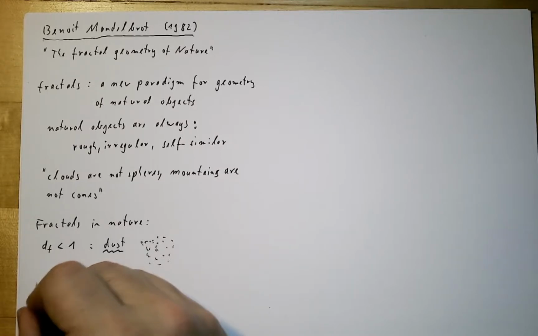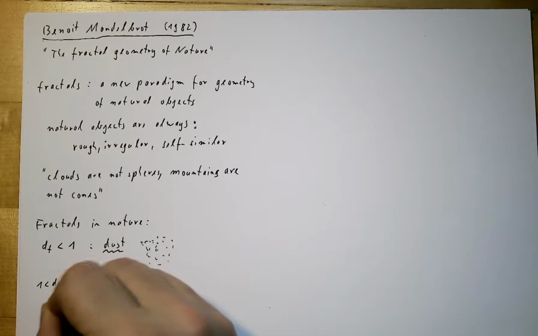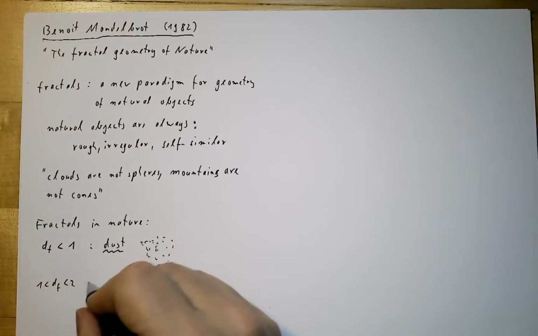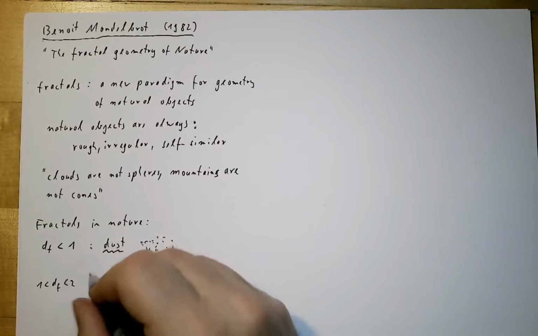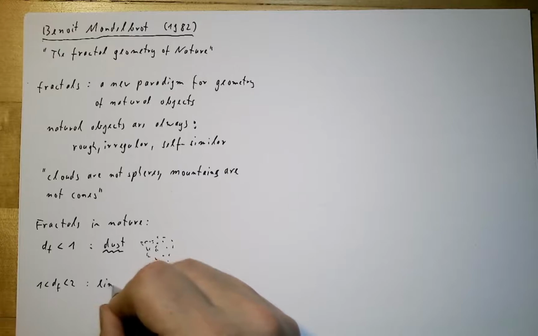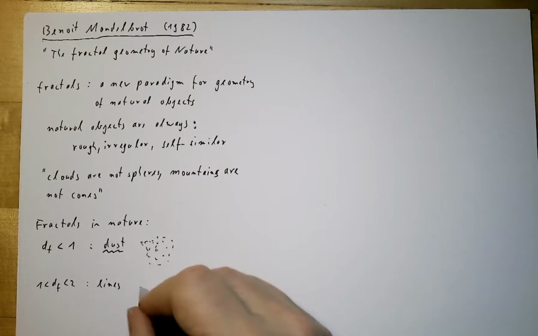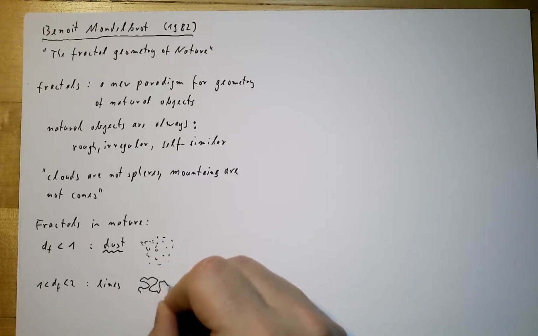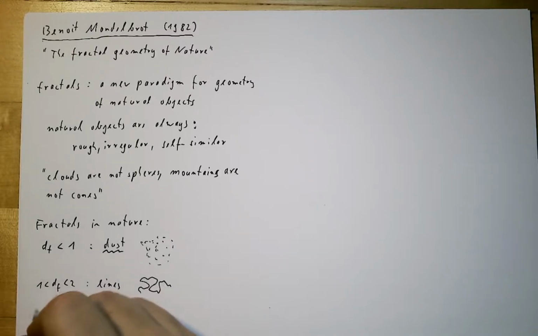And then we have seen objects which have a fractal dimension between 1 and 2. That would be irregular lines, these rough lines. But then you can have objects with a fractal dimension between 2 and 3.